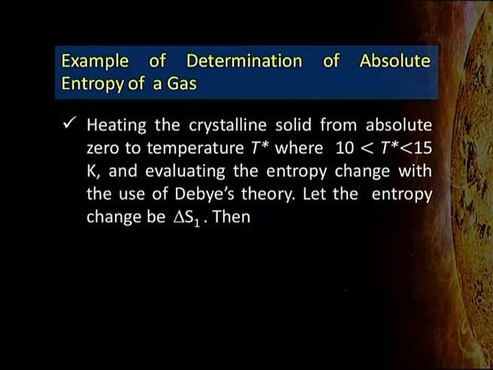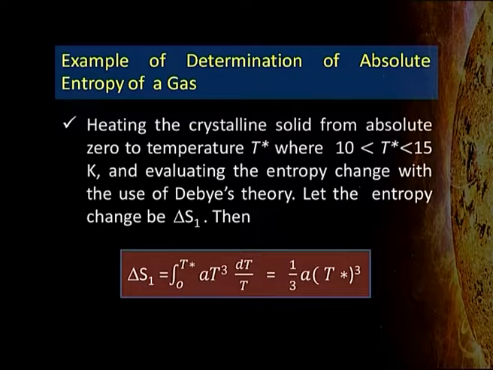Let the entropy change be delta S1. Then delta S1 will be equal to the integration of a T cube divided by T dT within the limits 0 and T star. This will be equal to 1 by 3 a T star cube.